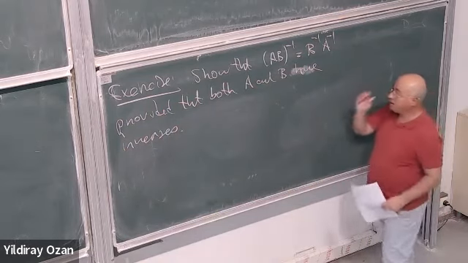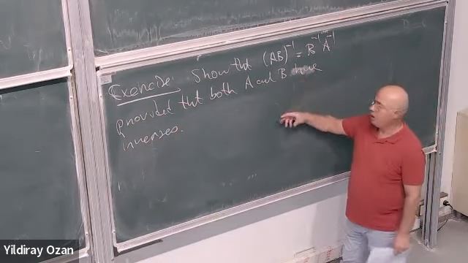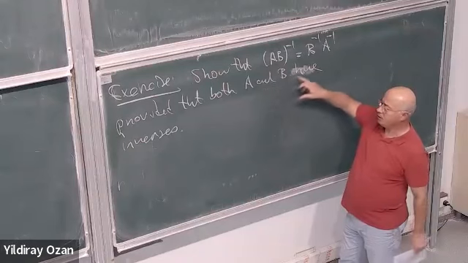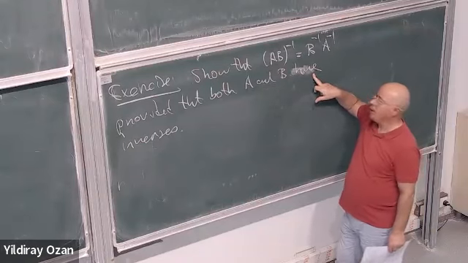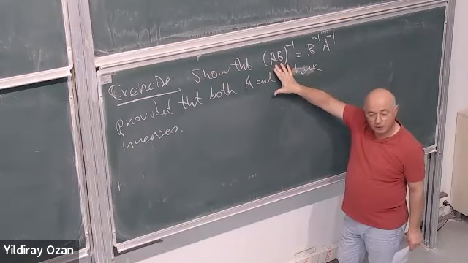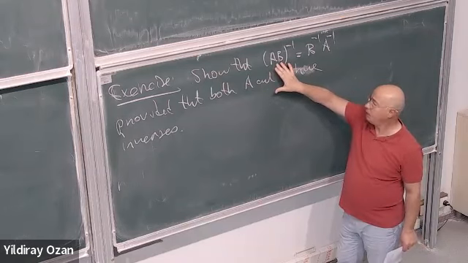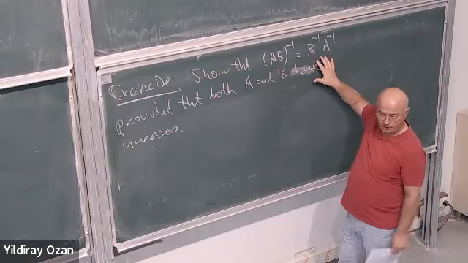Here we actually claim two things. If A and B are matrices that have inverses, then their product also has an inverse, and that inverse is nothing but this matrix.